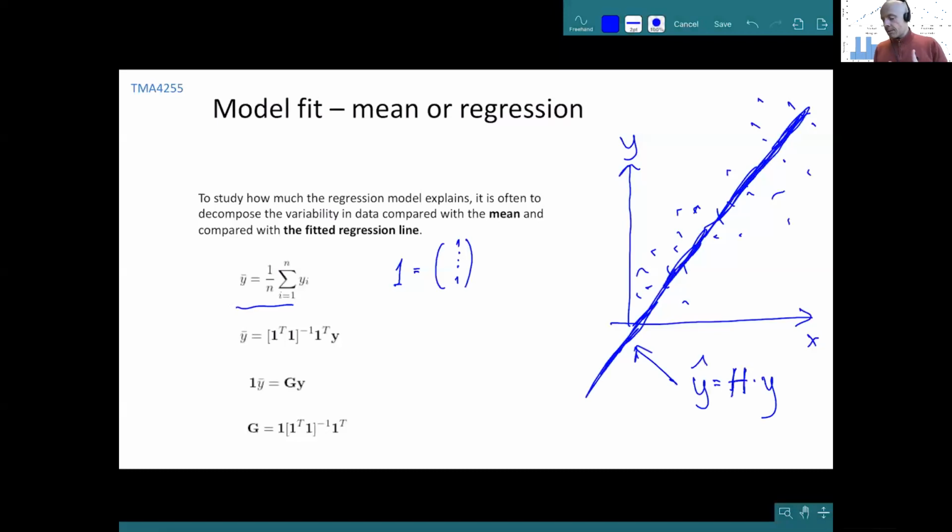The alternative, as I tried to say, is to take the mean value. Then we just look at the data mean. Perhaps it's here somewhere. This is Y bar. This is our prediction, so we can call this Y bar times 1. That's what I'm trying to indicate here. For my drawing, it would be really silly to use the mean as a prediction instead of using the Y hat, which is based on the regression parameters.